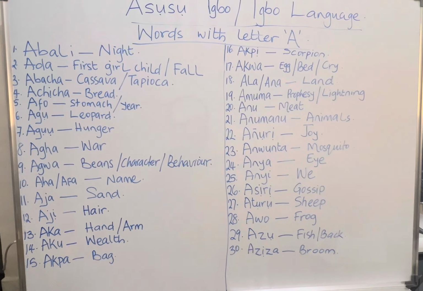Azụ of 29 is fish. Then in the same 29, we have azụ. Azụ is back, my back. On the 30, we have azịza. Azịza simply means broom, which we use to sweep.